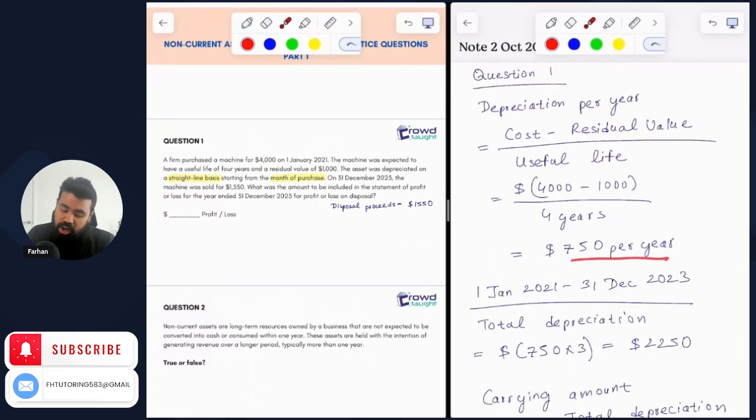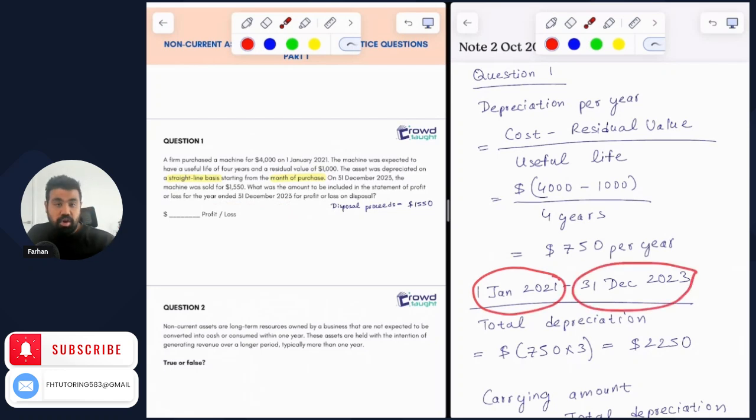We purchased this machine on 1 January 2021, as the question explicitly mentions in the very first line. Here we are calculating the amount to be included in the statement of profit or loss for the year ended 31 December 2023. From 1 January 2021 until 31 December 2023, 3 years have passed, which are 2021, 2022, and 2023.